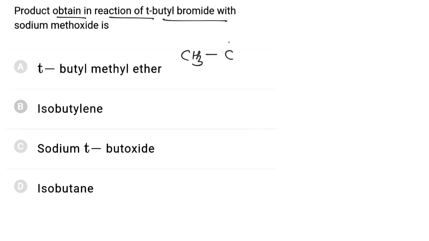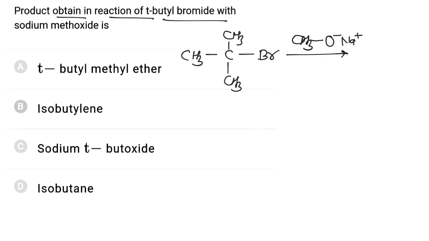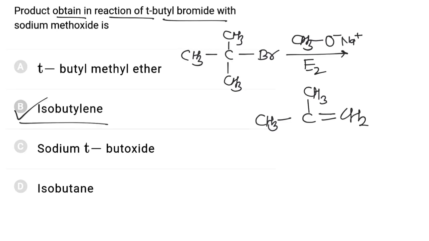So when tertiary butyl bromide, which is a 3-degree alkyl halide, is treated with sodium methoxide, sodium methoxide acts as a strong base and hence an E2 reaction takes place, and due to steric crowding an SN2 reaction is not possible, so instead of substitution, elimination takes place and it will be converted to isobutene, and hence the correct answer is B, isobutylene or isobutene.